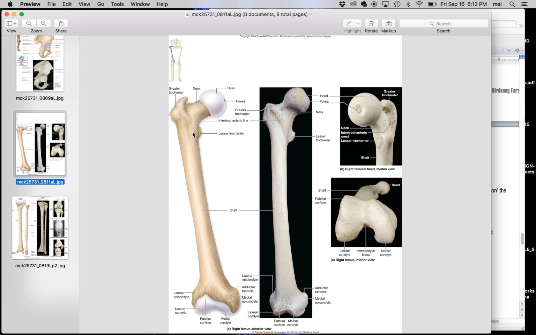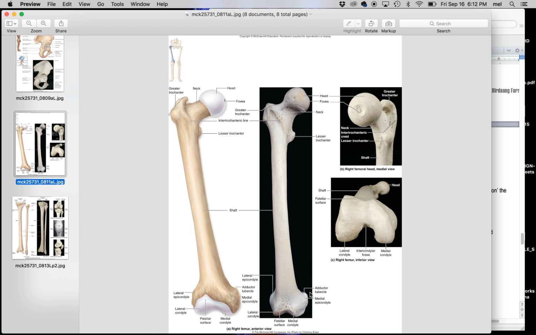And if you practice writing, what the other person can do, if you are quizzing each other, is grade your spelling. So write it down, go to the next one, they point to something else, you write it down. This is the lateral epicondyle of the right femur, the medial condyle, patellar surface. I don't think you had to know patellar surface.